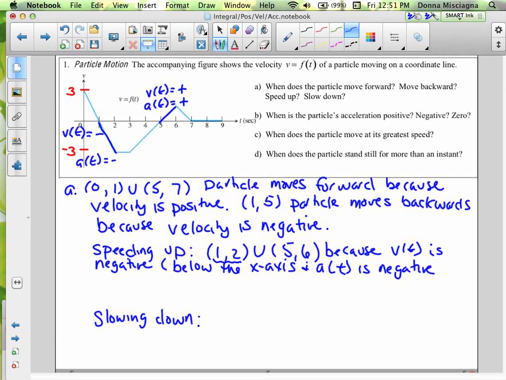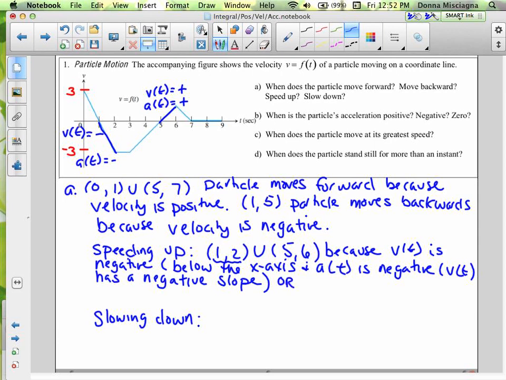We know a of t is negative because v of t has a negative slope. If your velocity curve has a negative slope, your acceleration is negative, just like if your position function has a negative slope, velocity is negative. So they're both negative.